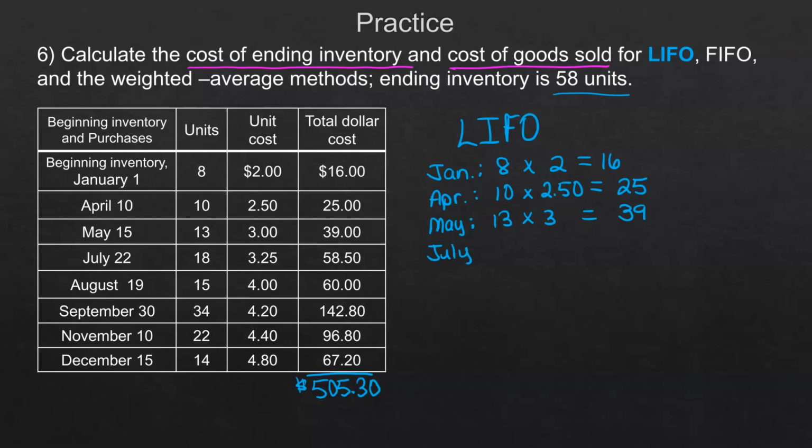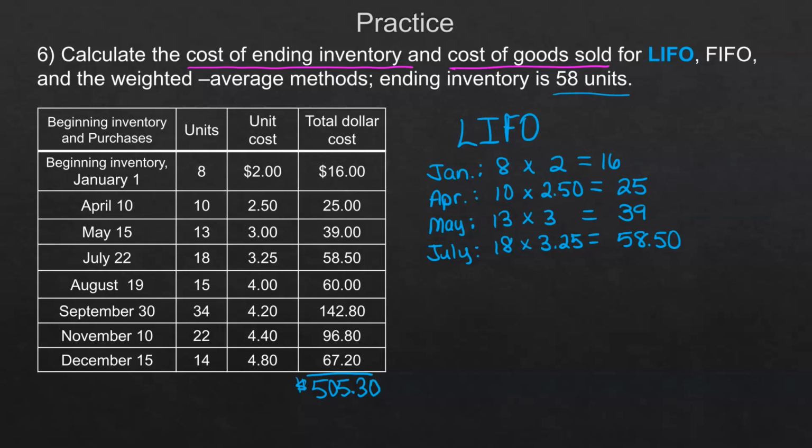Okay, let's see how many we've got so far. We have 18 and 13 is 31. So from July, we'll do all 18 of them. So 18 times 3.25, and that's 58.50. So now we kind of need to total these up, right? So we have 18 and 18, 36, 49.